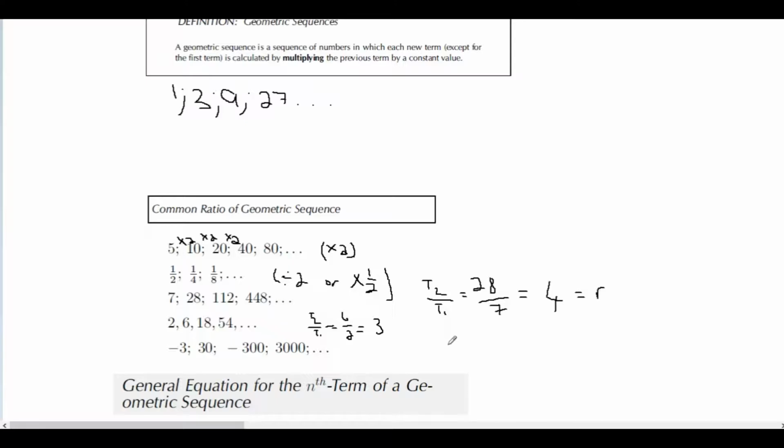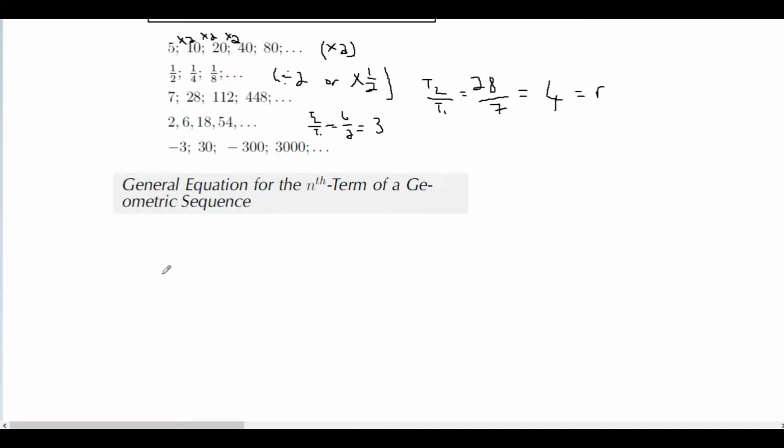So once again, same thing as we did before. We want a general equation to determine our nth term, because let's say we wanted our 100th or our 200th term. Things are a bit different. What we still want is our a term, which is still our first term, but now we don't have a common difference, so we won't use d, we will use r because of our common ratio. We still have n for our nth term and tn for the value at the nth term.